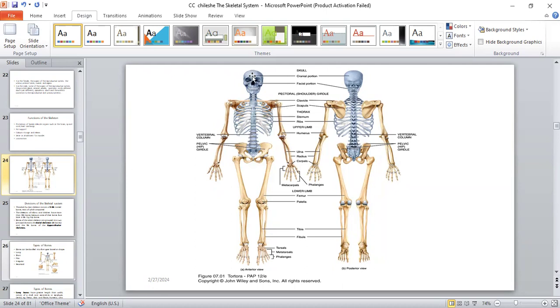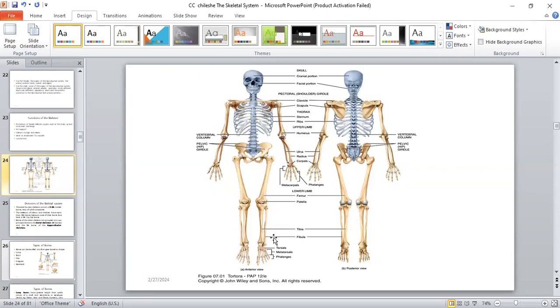For example, the brain, the heart, the lungs, the spinal cord. This part of the skeleton, the one in blue here, is the axial skeleton.